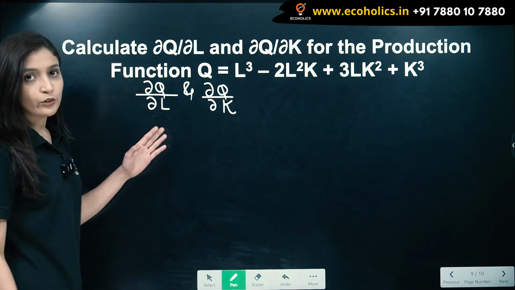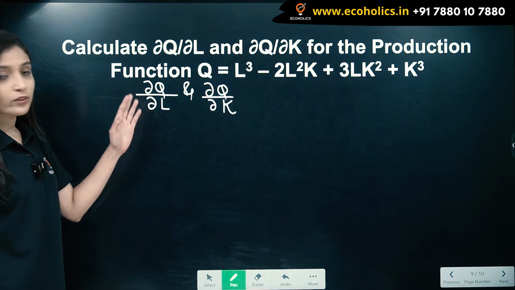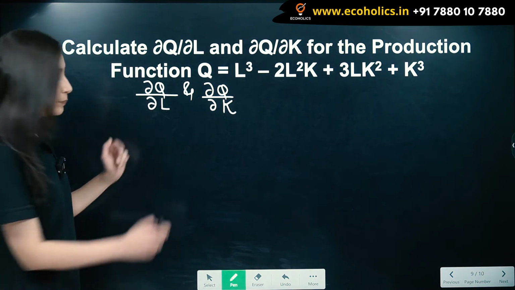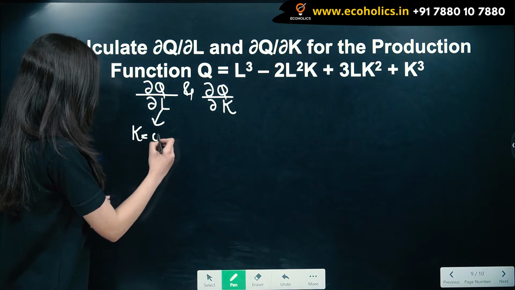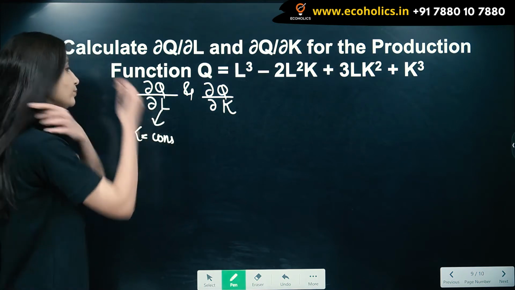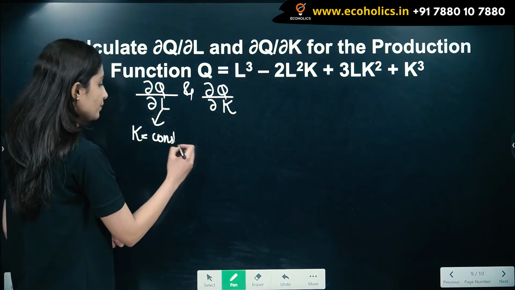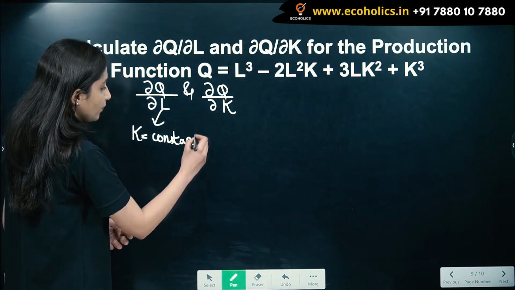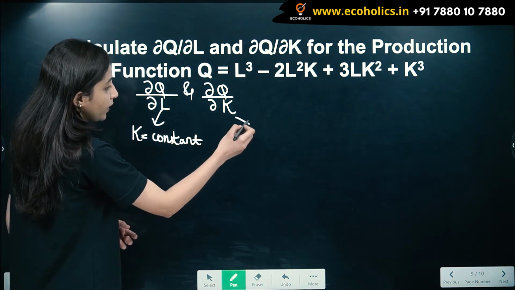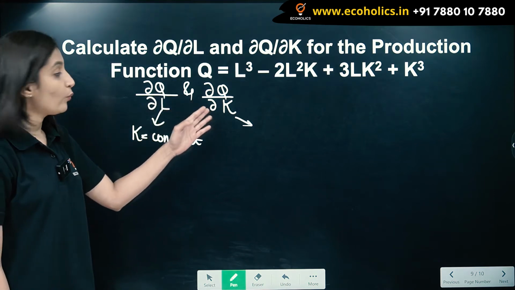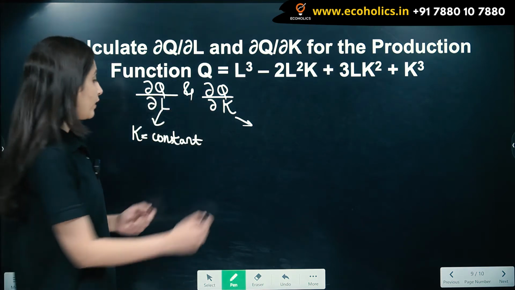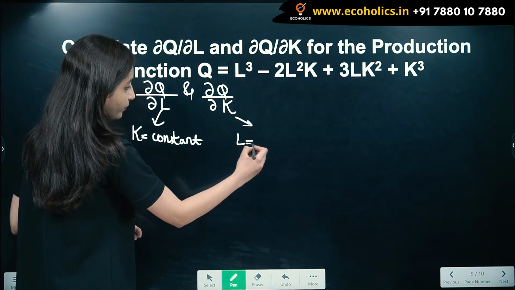So basically we need to find change in q with respect to L when we have k as constant, and change in q with respect to k when L is held constant.